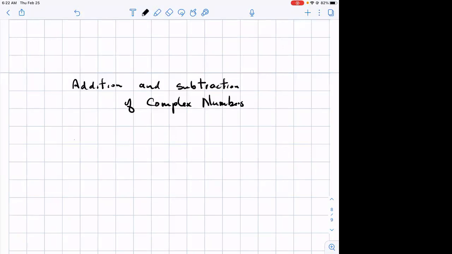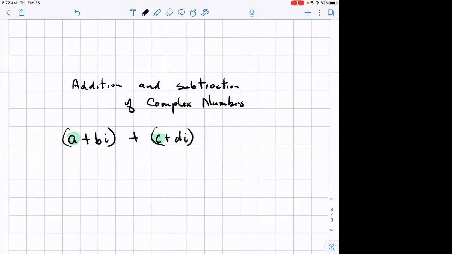So for example, if I have a plus bi plus c plus di. So here we have two complex numbers. So here is the real, and here is the real.